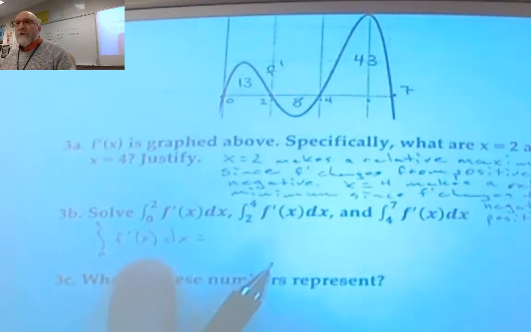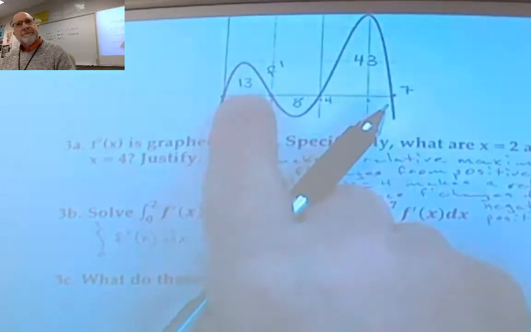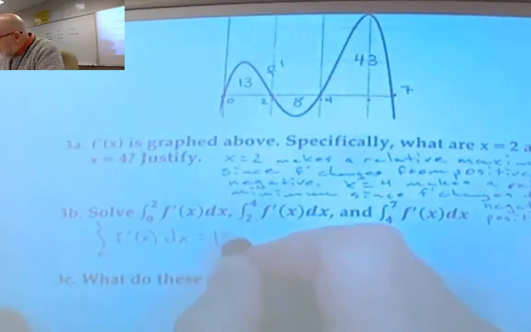Definite integrals ask you to find what? Yes. The area under, from 0 to 2. What is that area? I tell you what the area is. Right here. 13. Perfect.